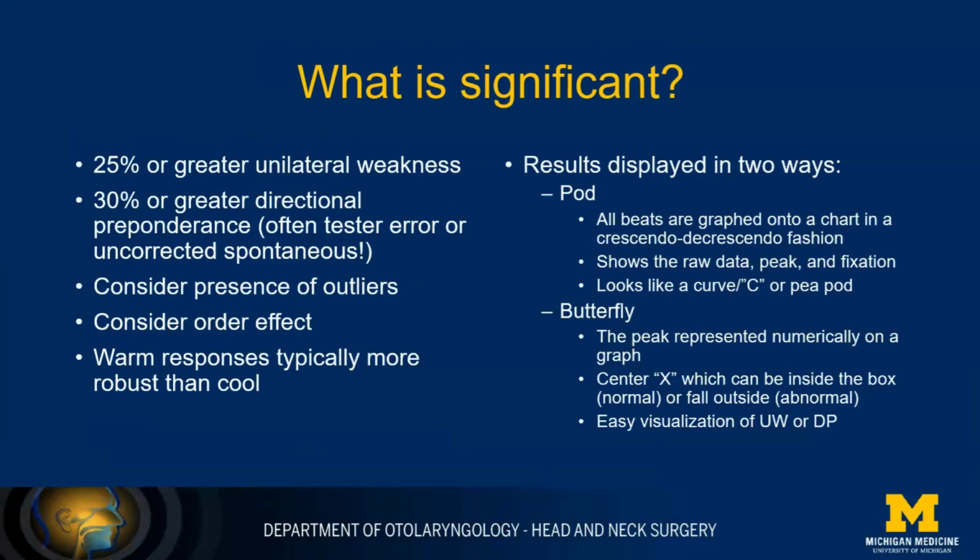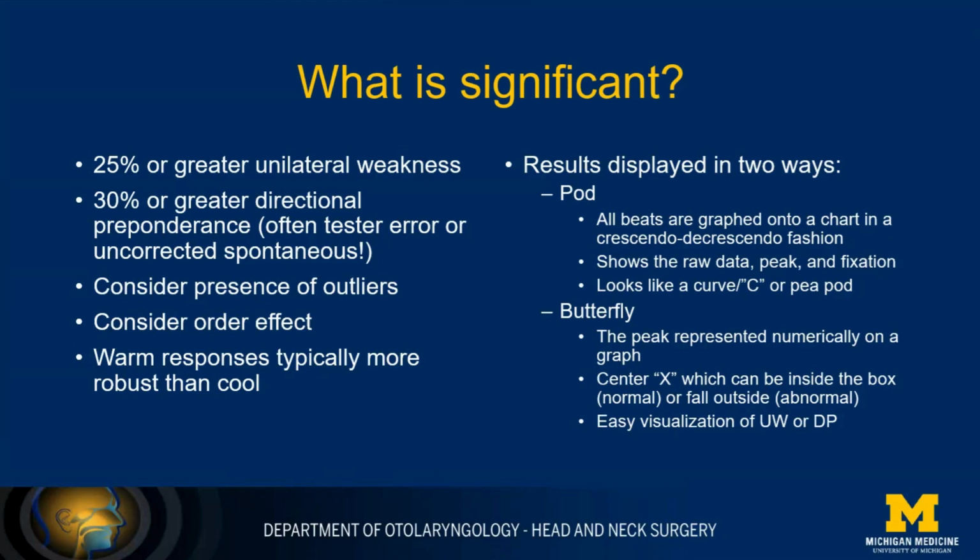So what is significant? In our clinic, we use 25% or greater unilateral weakness as significant, 30% or greater directional preponderance. So if you have a higher directional preponderance than that, you may think central. However, what you need to make sure is that you do not have any tester error or uncorrected spontaneous nystagmus.